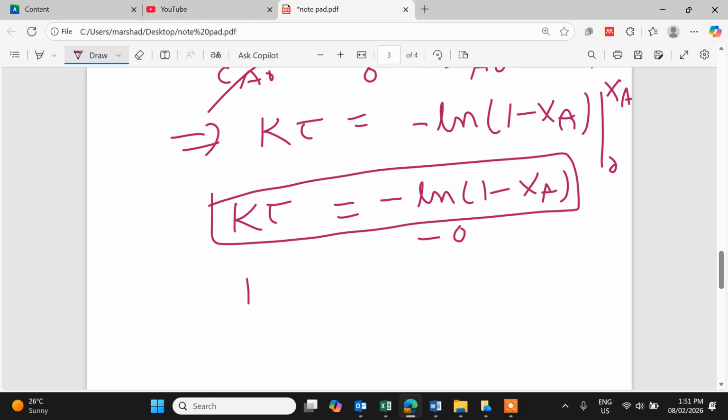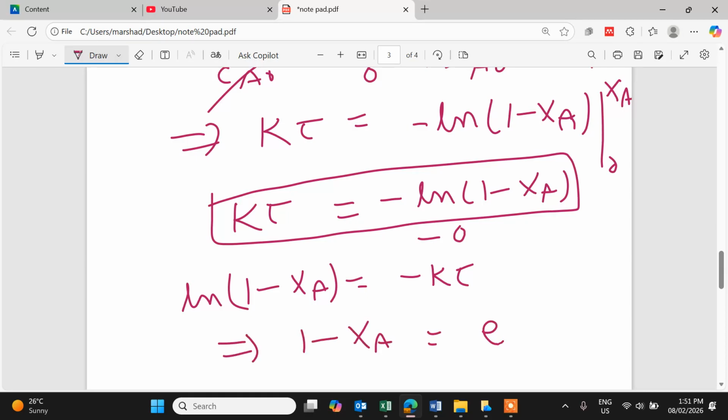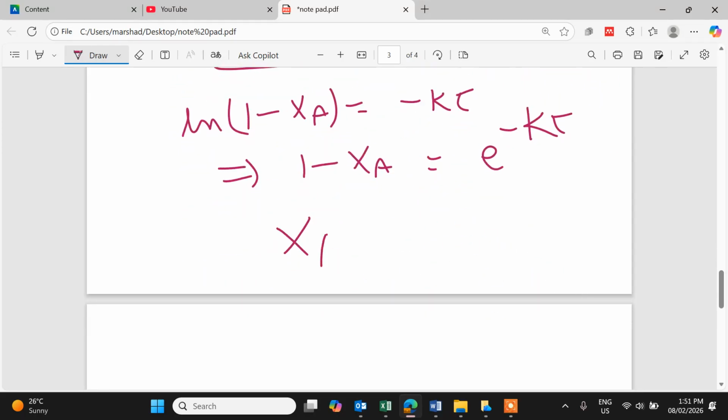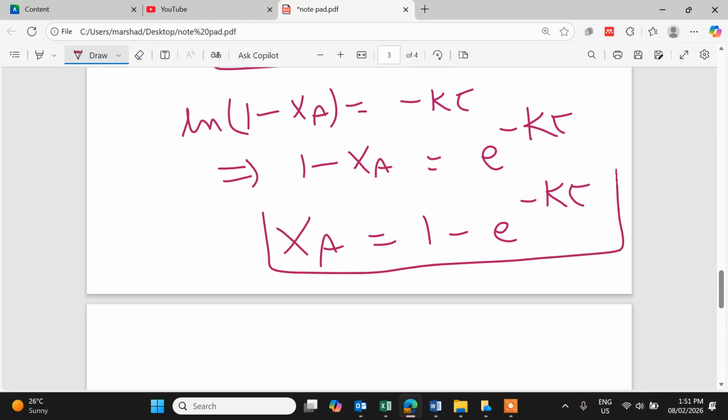We want conversion versus residence time, so 1 minus XA equals e to the power minus K tau. And then XA is 1 minus e to the power minus K tau. So this is the relation we were looking for.